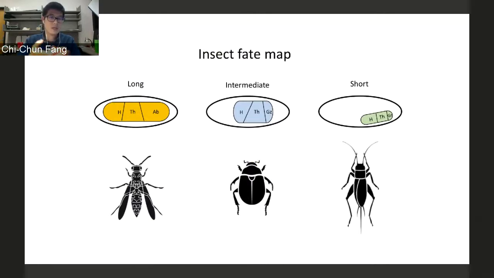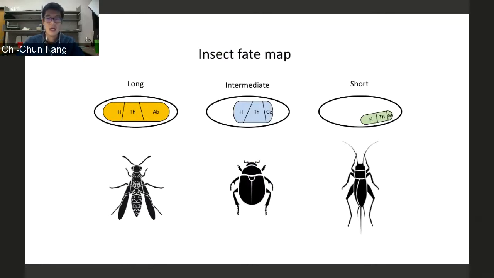So people didn't pay enough attention to ants, and they just referred to whatever they knew. And they thought, oh, maybe ants are similar to honeybees or wasps because they belong to the same order.